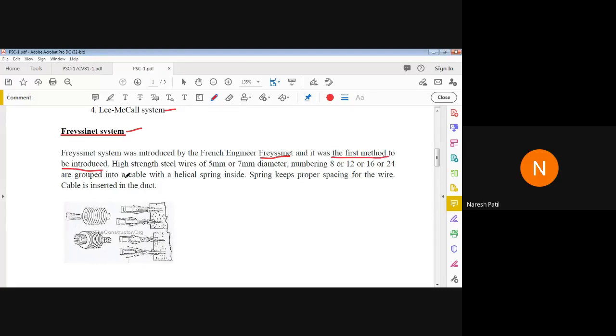Okay, then in this, what will happen: high strength steel wires of diameter ranging from 5 mm to 7 mm, numbering 8, 12, 16 or 24.